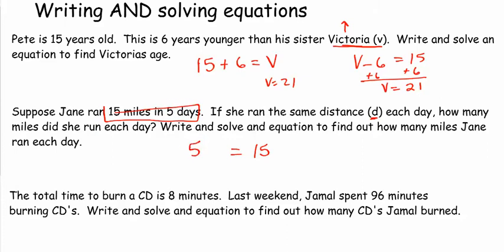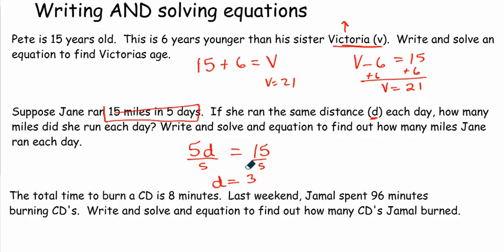So 5 days times how much she ran in one day would equal her total. So that's just an equation then. The opposite of multiplying by 5 would be to divide by 5. So I'm left with her distance every day had to be 3.